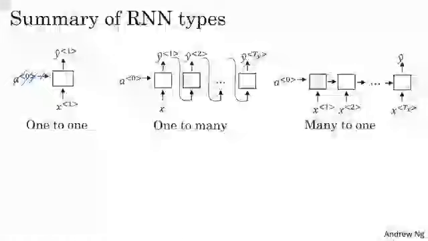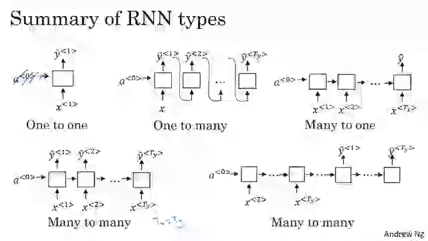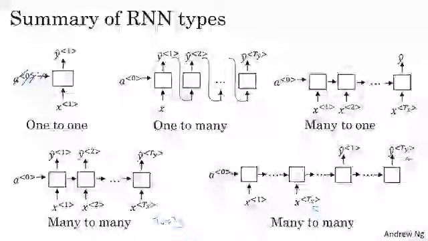That would be an example of sentiment classification, where you might want to read as input all the text of a movie review and then try to figure out, did they like the movie or not. There is many-to-many, so the named entity recognition example we've been using was this, where Tx is equal to Ty. And then finally, there's this other version of many-to-many, where for applications like machine translation, Tx and Ty no longer have to be the same.